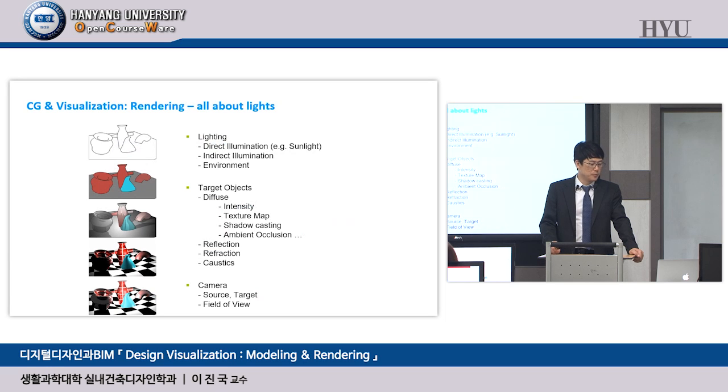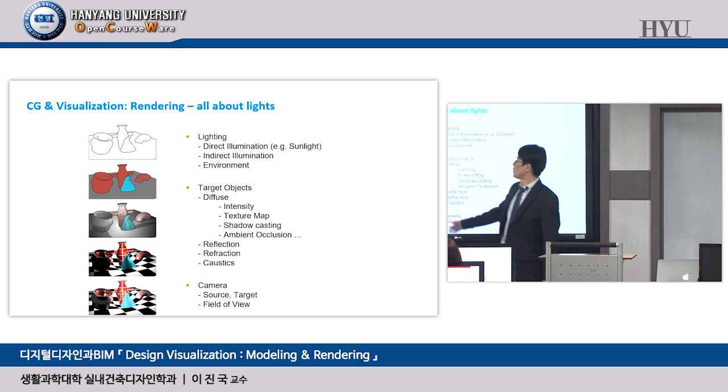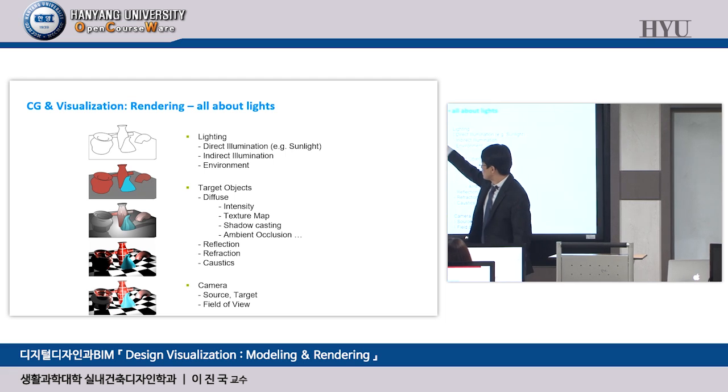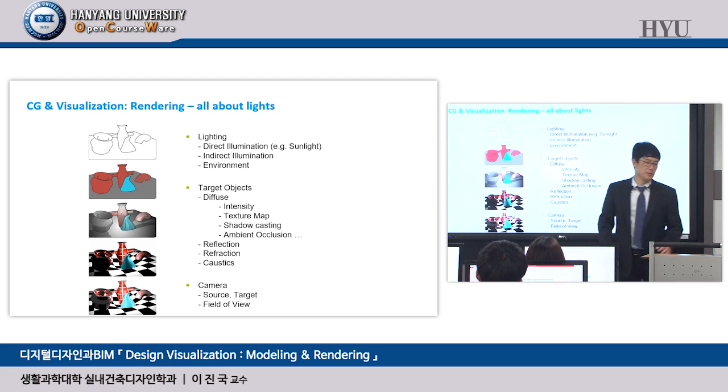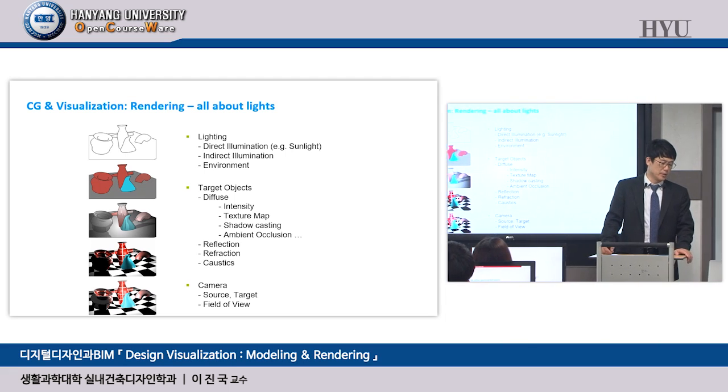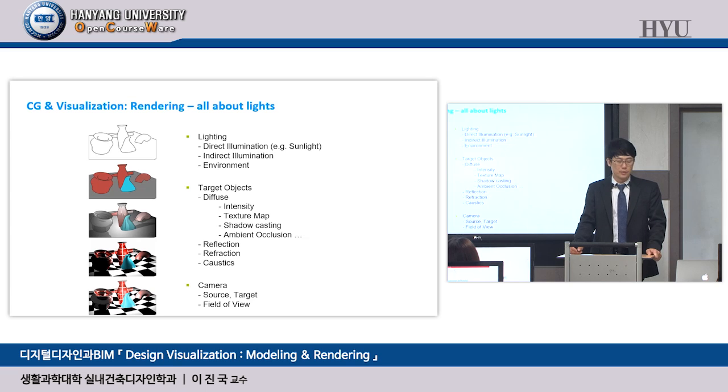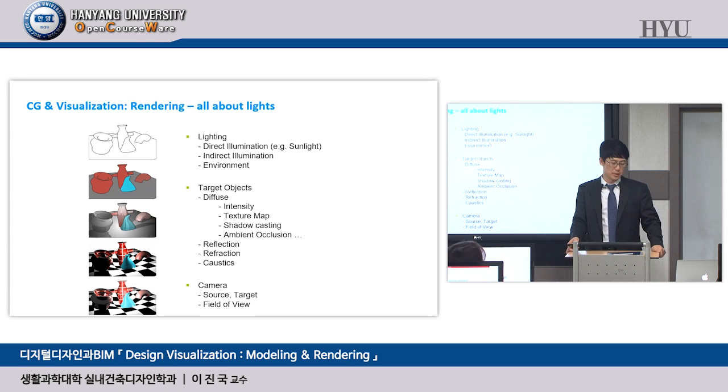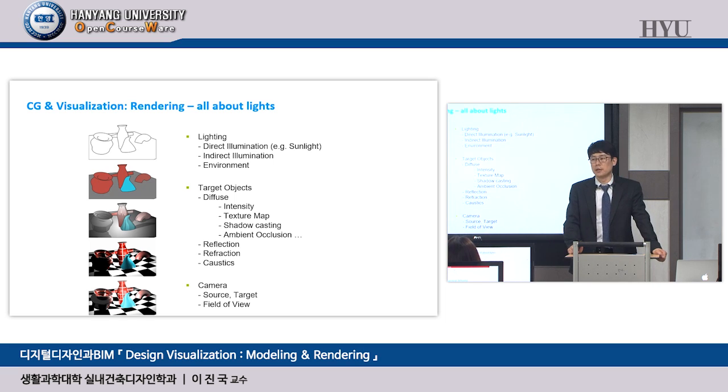So what type of visualization by computers in terms of rendering? I told you before, rendering is all about lights. And take a look at the left side images. Those series of 5 very simple representations contain almost everything about renderings, okay? The first one, line stroke, line drawing, that's one type of rendering, okay?